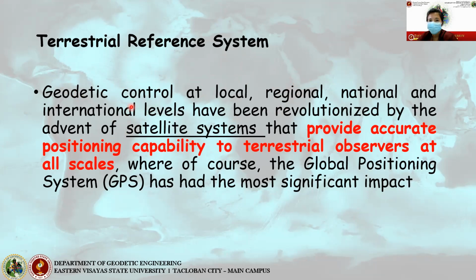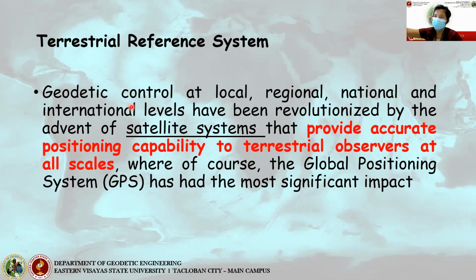For example, here in the Philippines, the reference system established a long time ago used triangulation, in which they established towers, and in those towers they used a total station to observe another point far away from that area.